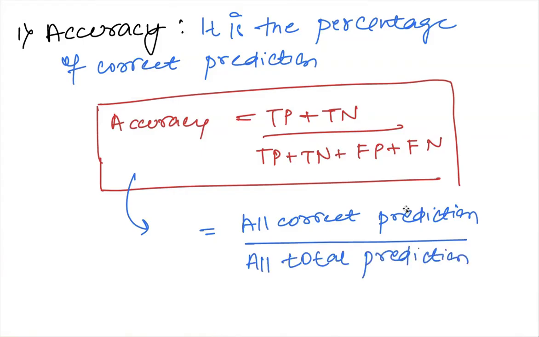True positive and true negative mean whatever the model predicted is correct. So it is all the correct predictions by all total predictions. Did you understand what accuracy is? It is true positive plus true negative divided by all the four terms.